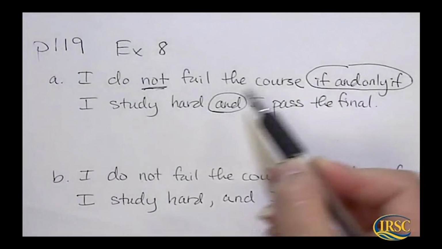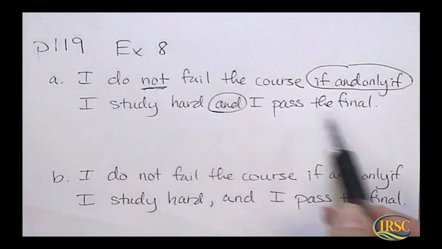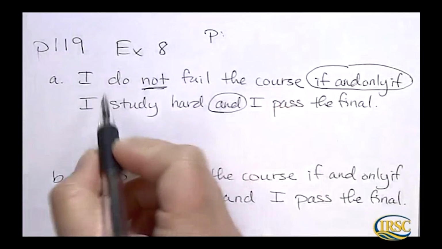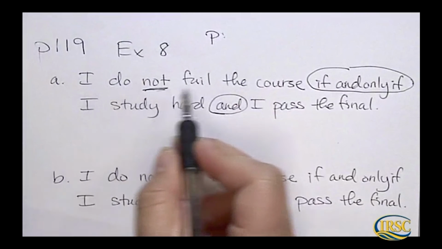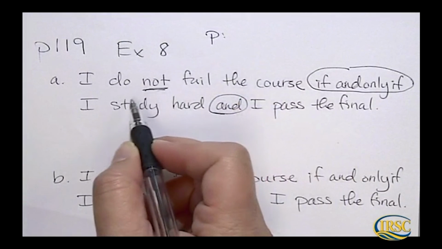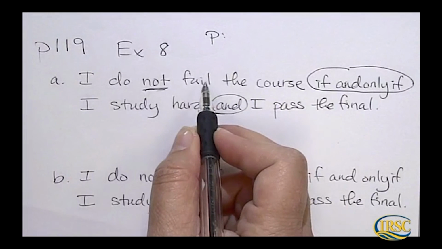Now, if you've already identified the connectors, it helps you, because notice it's separated out the simple statements for you. So P would be the first one. Notice it says I do not fail the course, but whenever we write P, Q, and R, we don't want to use the word not. So P would stand for I fail the course.